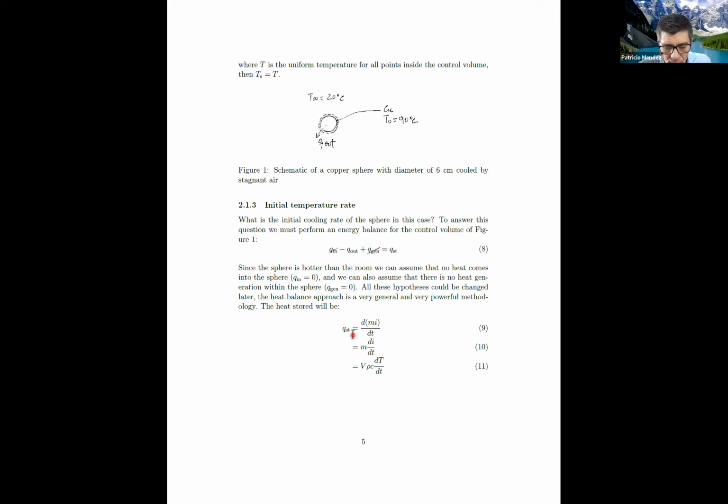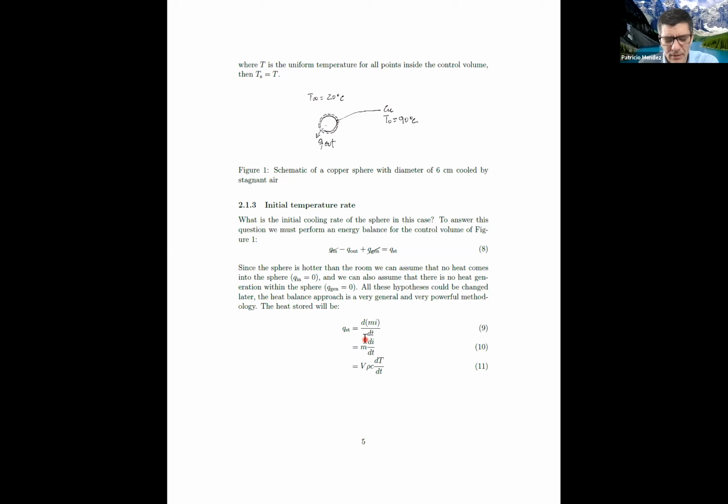Q stored, based on the formulas we saw in the first week, is the derivative of mass times enthalpy with time. In this case, our control volume is a closed control volume. The sphere is not evaporating, it's not melting, it's not losing any mass through its surface. So mass is constant, and we have the derivative of enthalpy with time. This is math, you know, right?